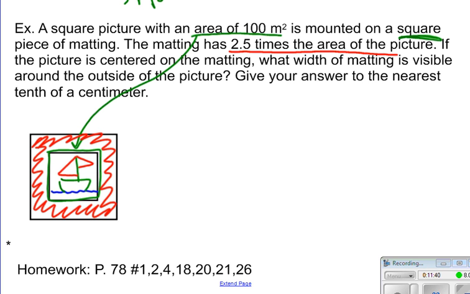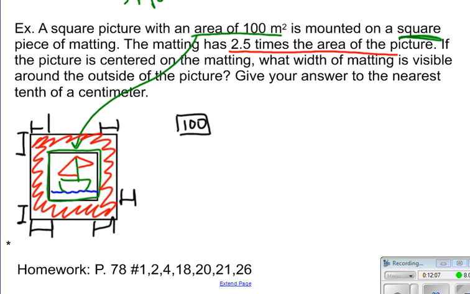So basically what we're saying is, I want to know how much is this length, or this length, or this length, or this length, from the picture to the matting. Okay, well let's start by what we do know. So we've got a little picture, and we know that this area is 100 meters squared. That seems like a massive picture.